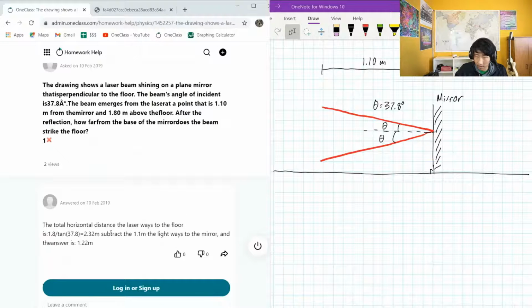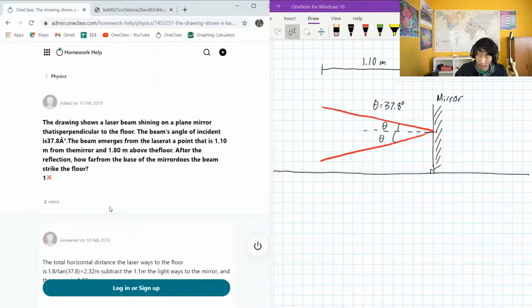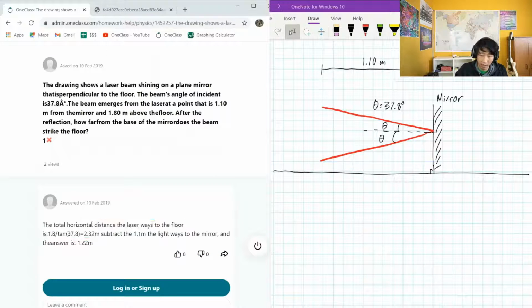The final answer that they have is 1.2 meters. So given that, if we want to be in line with that, since this is lower than the height, we can assume that the laser is the top one.